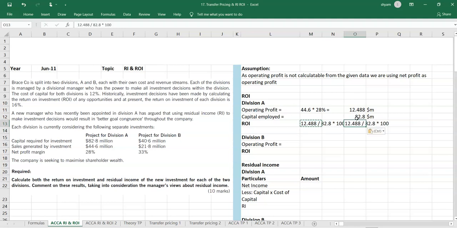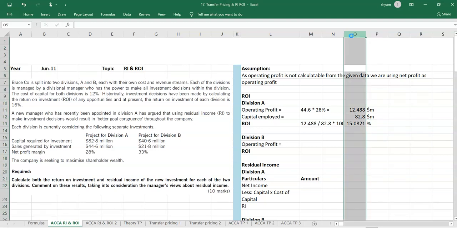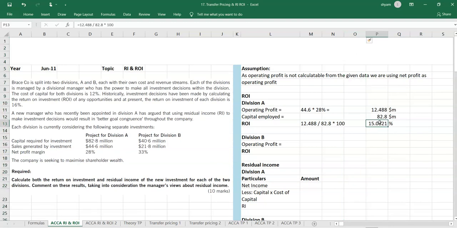So let's get the answer. Okay, so the answer is 15.08%. So that's the ROI for division A.